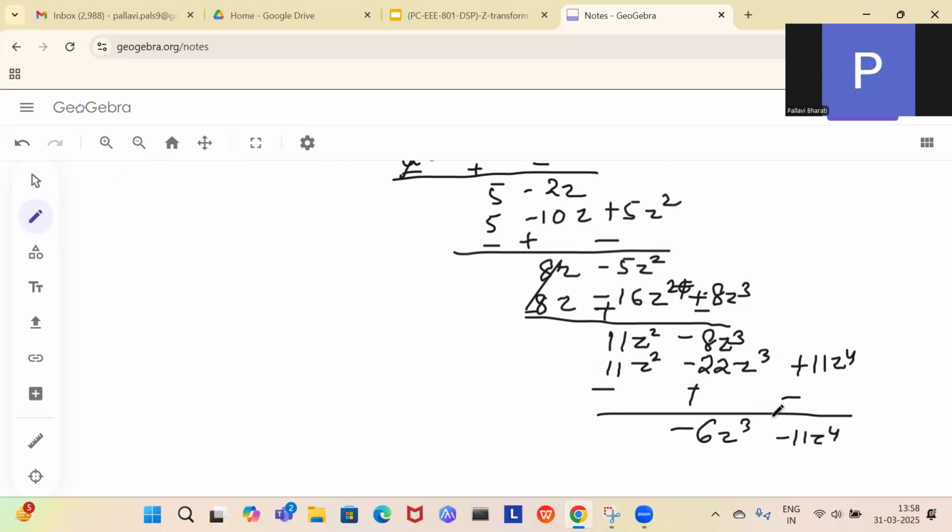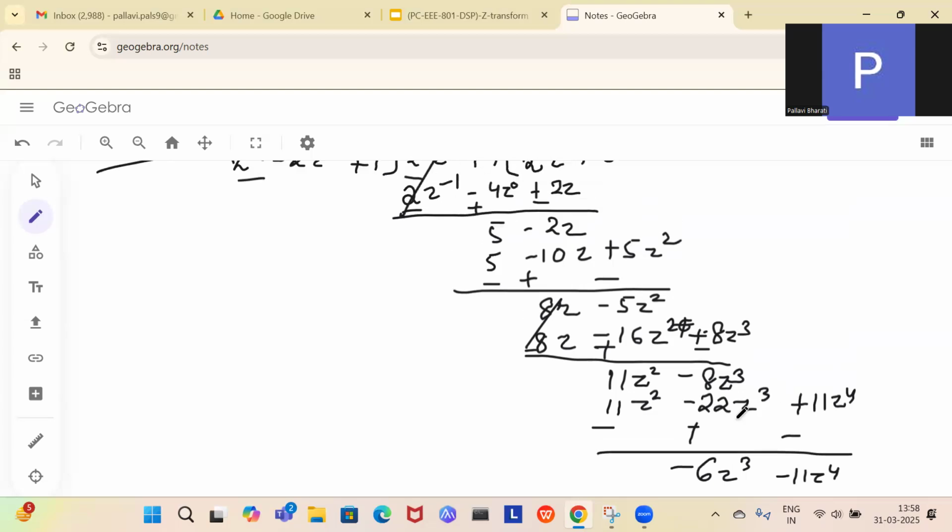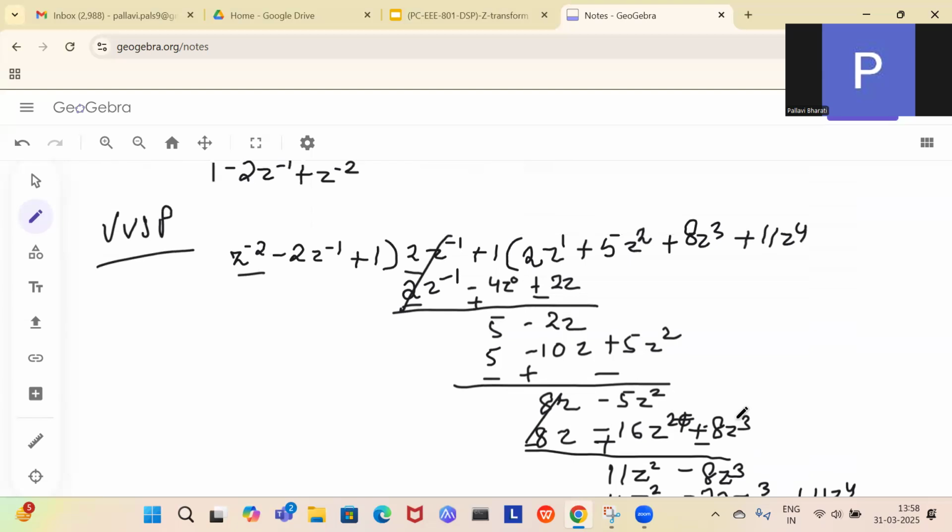Again, we can go on doing this, but we can keep it till 4 points. So we have this over here. You can see it's starting from minus 1.